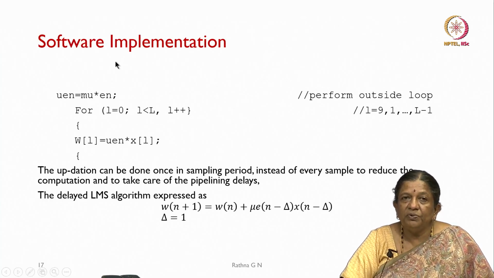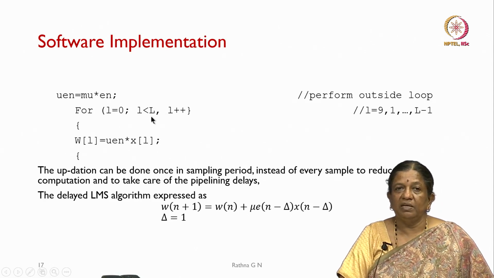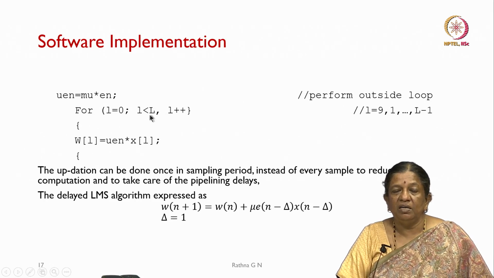So, how are we going to do this? Software implementation is shown in a few steps. We will be assigning our mu e of n as mu into e of n. For l equal to 0, l less than the length of the filter, you will be continuing.